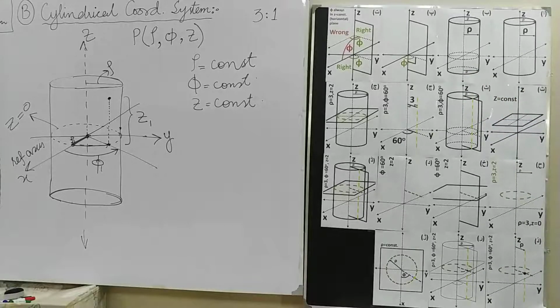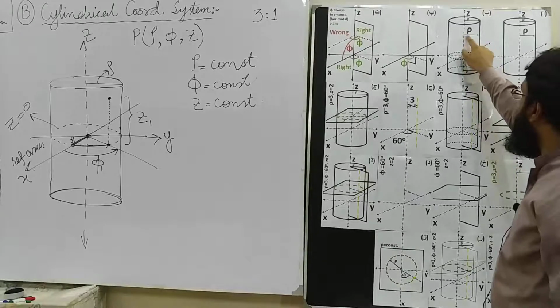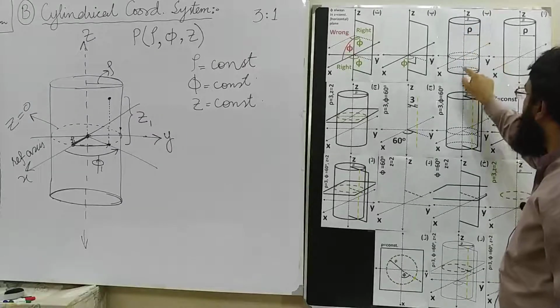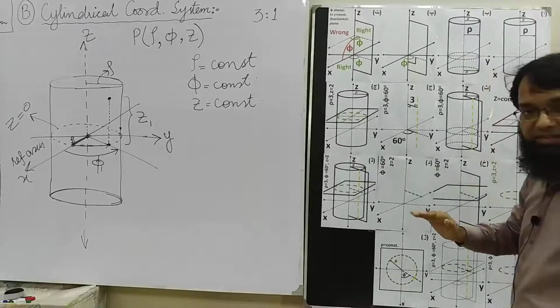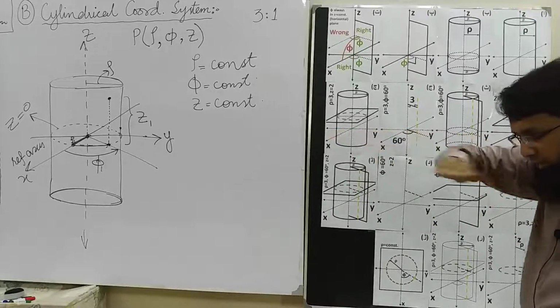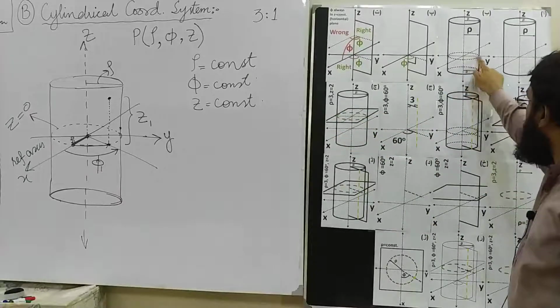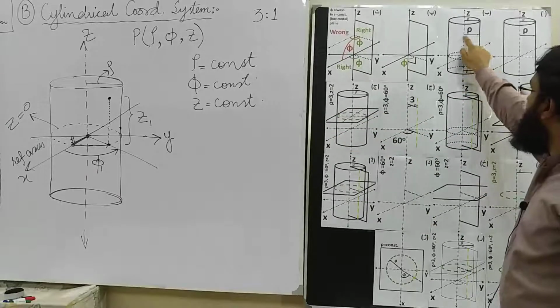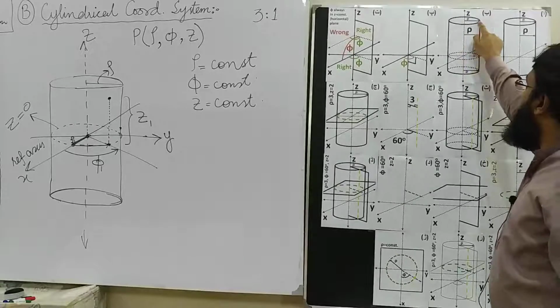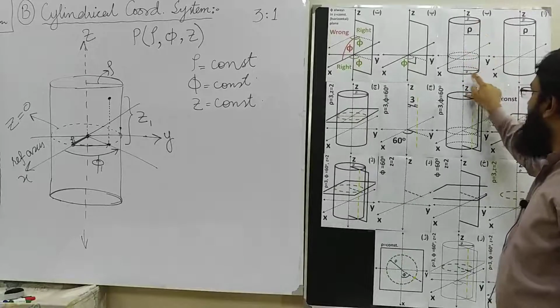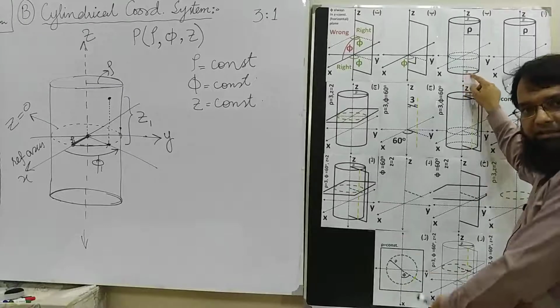Always remember that this radial line always lies on the horizontal plane, whether it is the z equals 0 plane, or the z equals z1 plane, or z equals z2 plane, or z equals -3 plane.